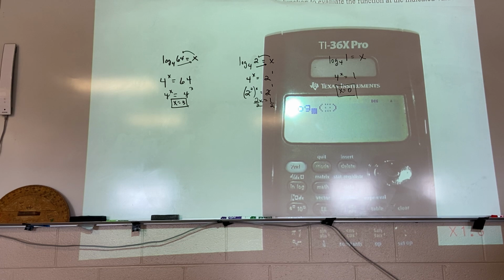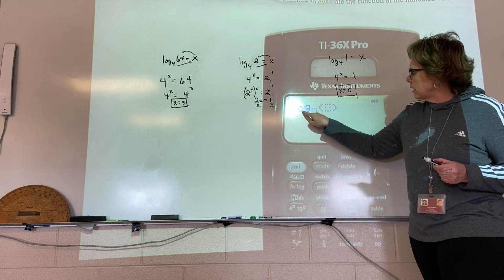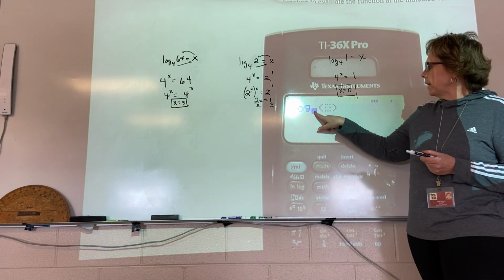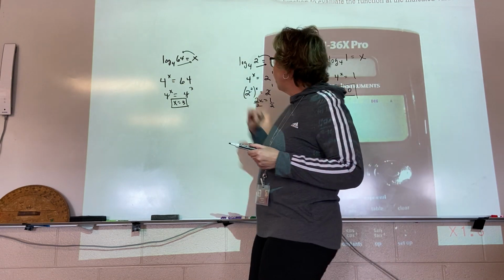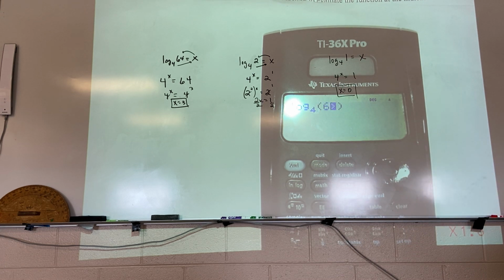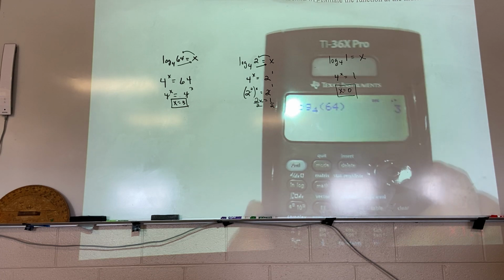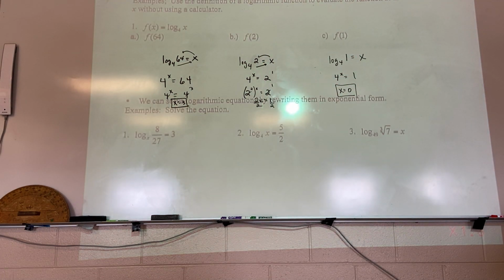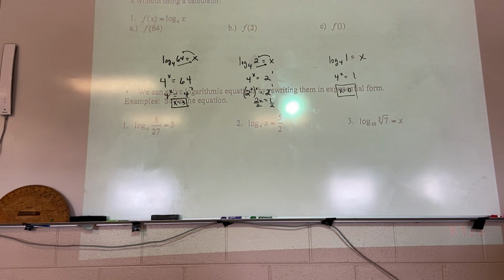So if I wanted to redo number 1, I hit this key 3 times and then I have a base that's embedded. So I can do a 4 and then type 64. And there's my answer. Same answer, okay? So that gives you an idea of how to work with the calculator. All right, let's keep going.